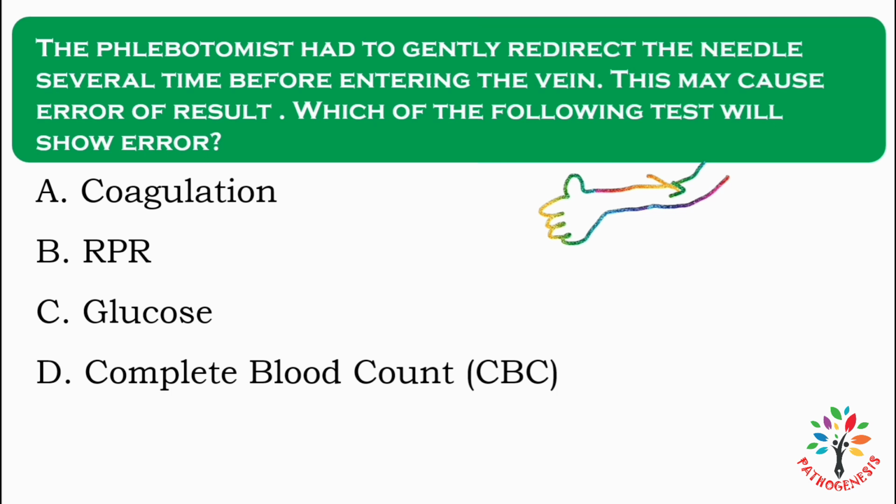But this may affect which result? We have options: coagulation profile, RPR, glucose and CBC, complete blood count. So I'll start with option D, complete blood count, CBC.